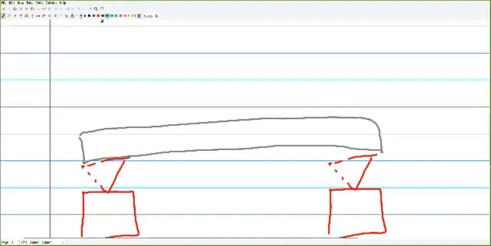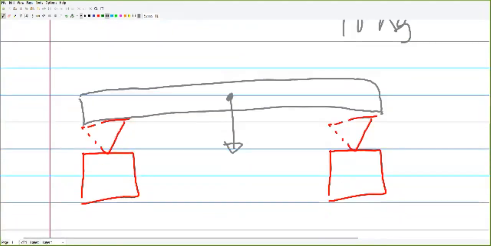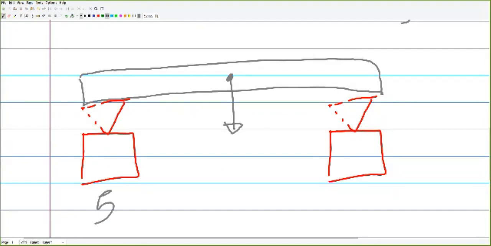And so here we have a force going down. Let's say this rod is 10 kilos, right? So it should be 5 here and 5 over here, right? Because if you sum these two up, you should get 10.